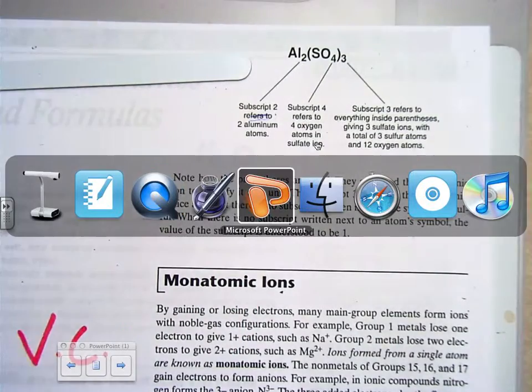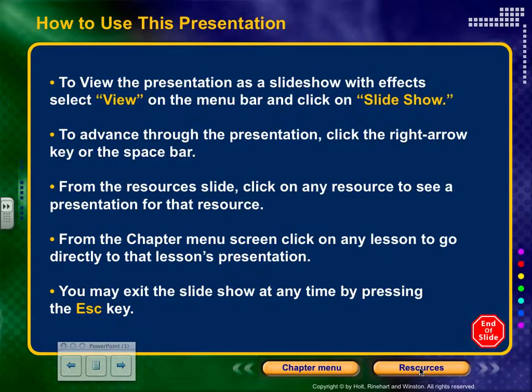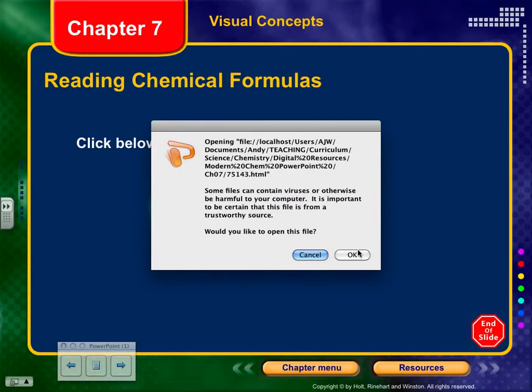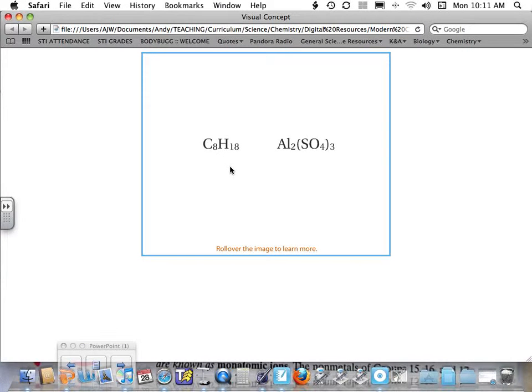I've got a little visual concept for you guys. Let's check this out on the computer. All right, so here's basically our two examples. The C represents carbon, 8 represents the number of carbon atoms, H represents hydrogen, 18 is the number of hydrogen atoms. Okay, so far so good. Al represents aluminum.